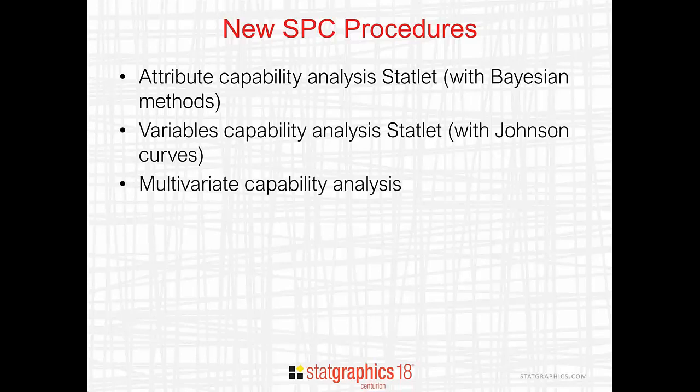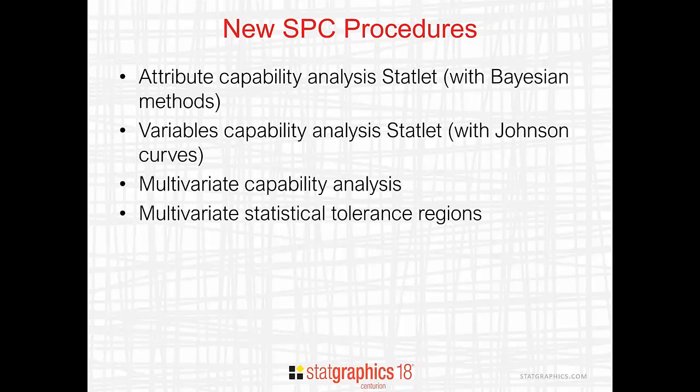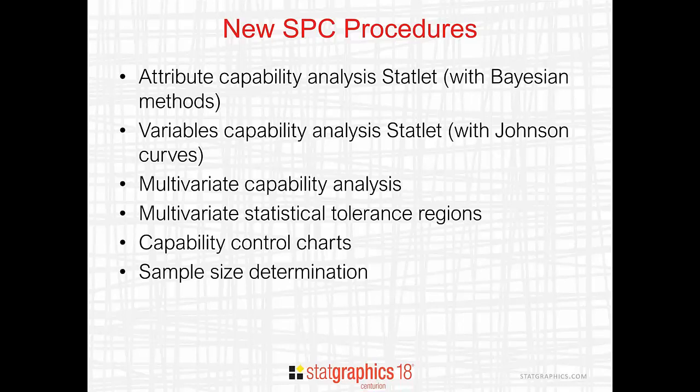We added a multivariate capability analysis for a situation where you had specifications on correlated variables. We added a procedure to estimate multivariate statistical tolerance regions, added control charts for capability indices, and also added a new procedure for determining the required sample sizes for estimating capability indices.